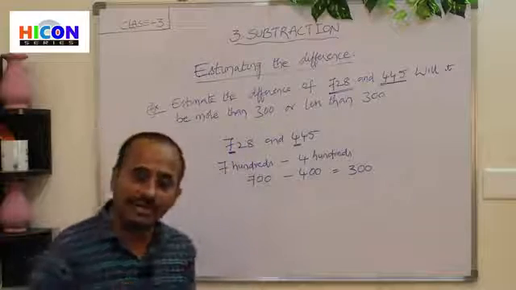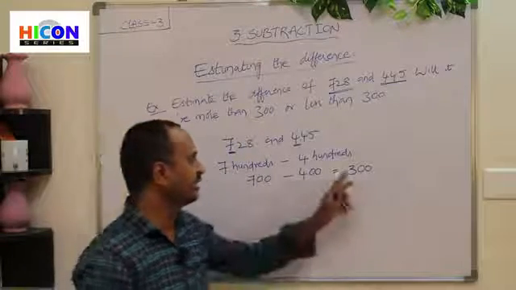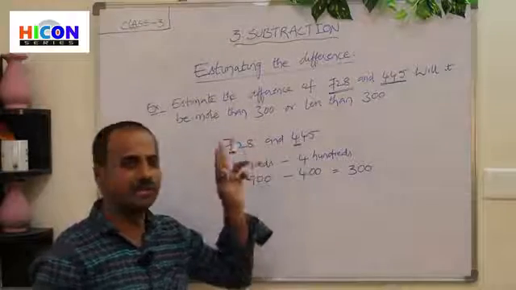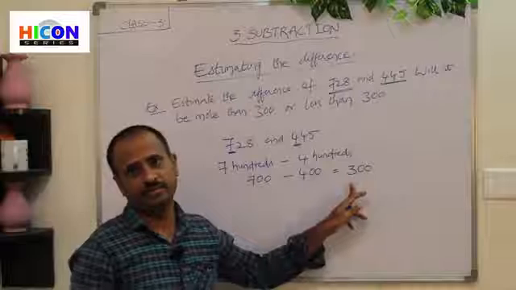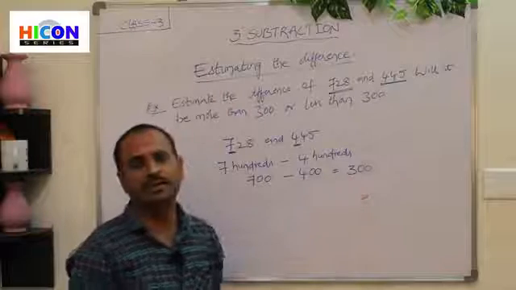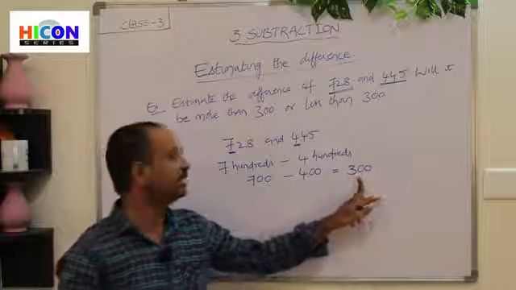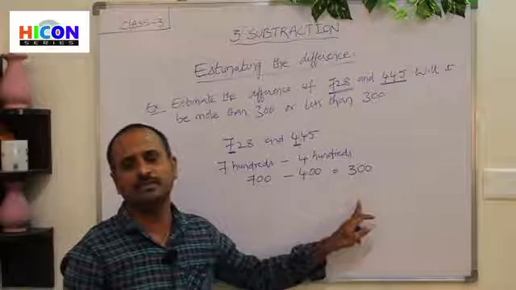So approximately we will get 300. The difference of the two numbers will be approximately or nearer to 300. But it is not the actual difference. It is not the correct difference.